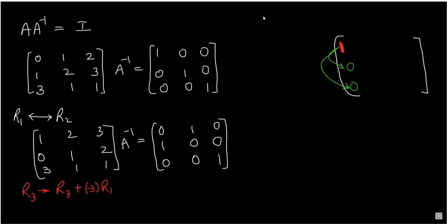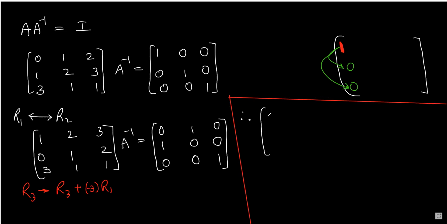Okay. So here we have, see, I will have here, therefore, first row as it is 1, 2, 3, second row as it is 0, 1, 2, third row, you will multiply -3 and add here.